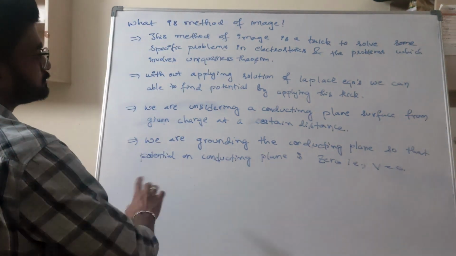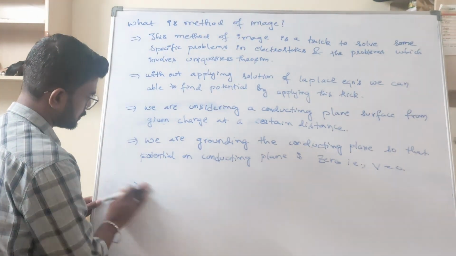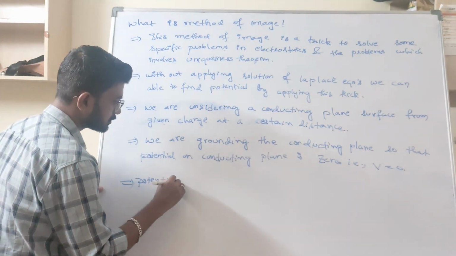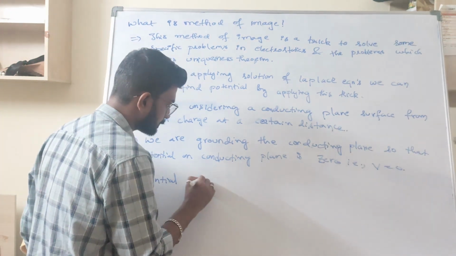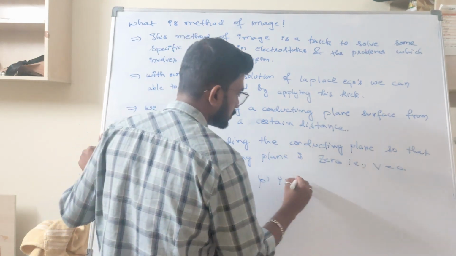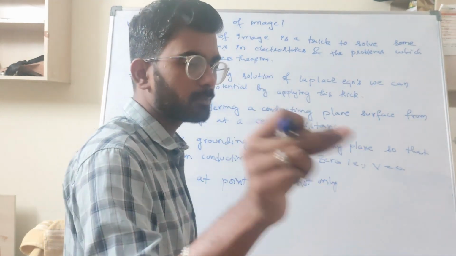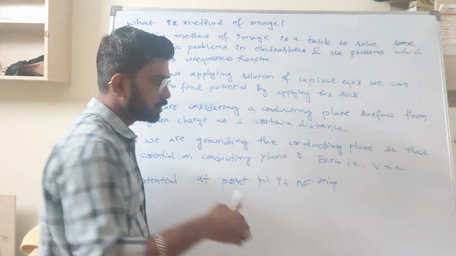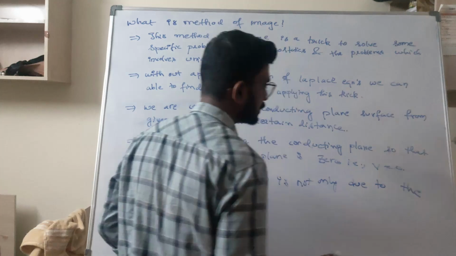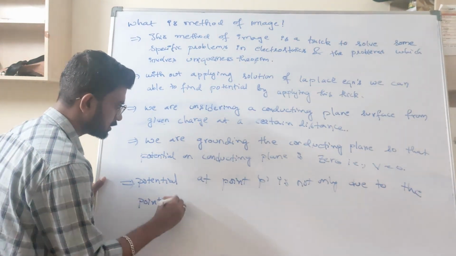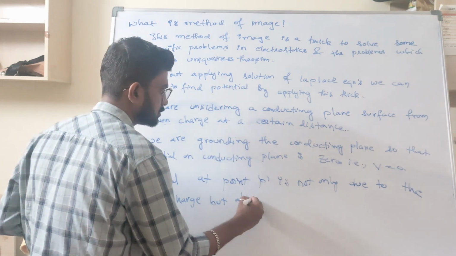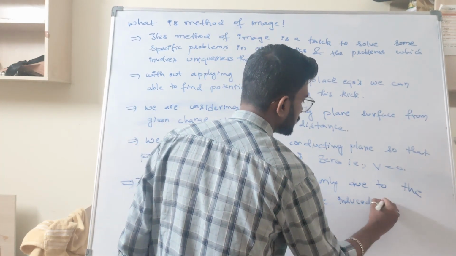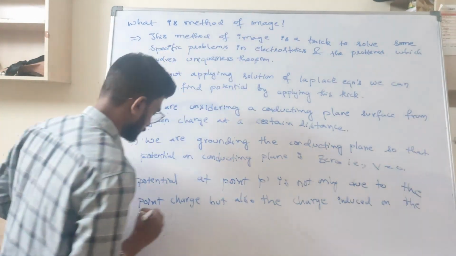The potential at point P is not only due to the point charge, but also due to the charge induced on the conducting surface.